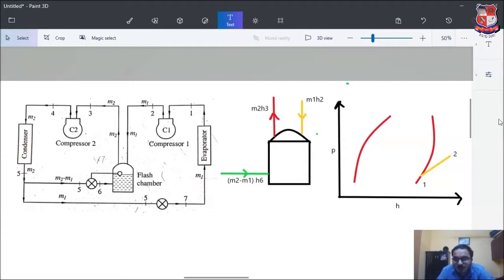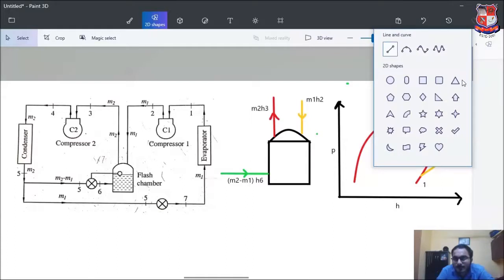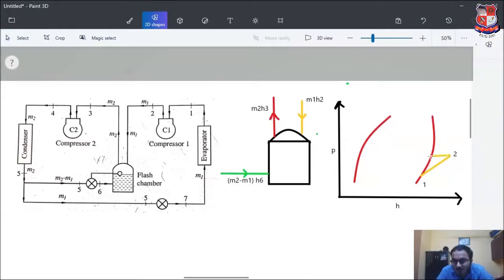We will observe a reduction in enthalpy at this flash chamber and an increase in mass, as this M1 is meeting with M2 minus M1 and becoming M2. So here we will observe a horizontal line like this. Okay, and this will be our point number 3.